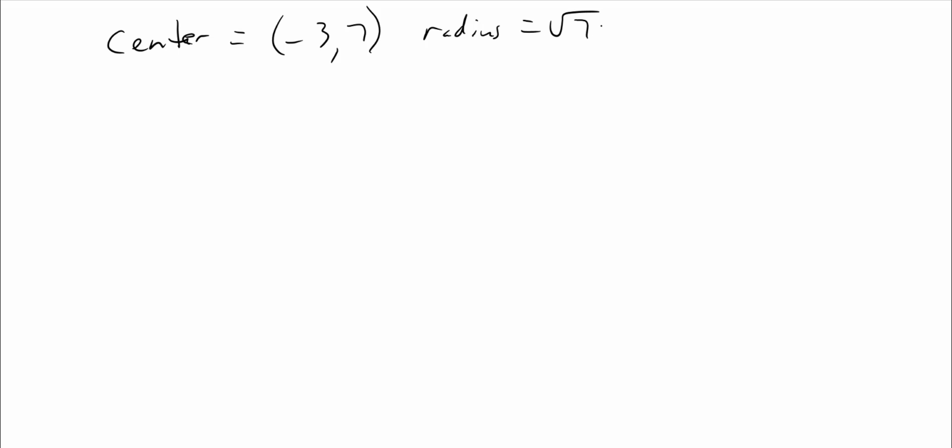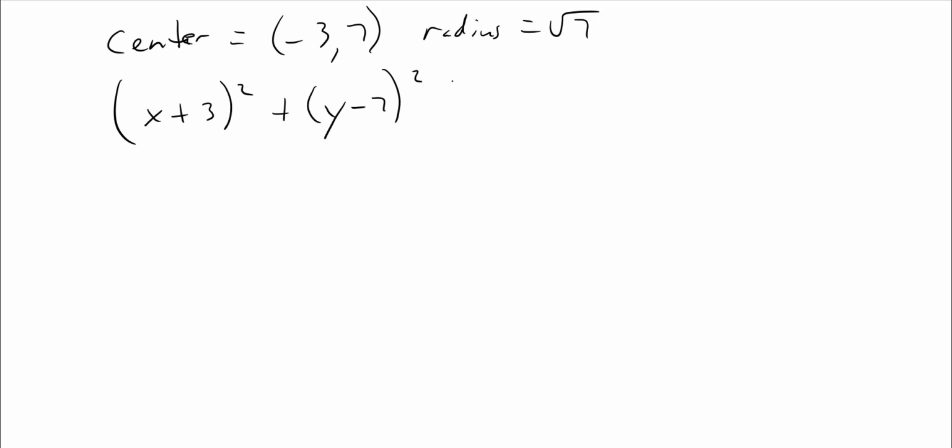Let's say my center is (-3, 7), and my radius is equal to the square root of 7. Okay, so it's easy. It's (x plus 3) squared plus (y minus 7) squared.